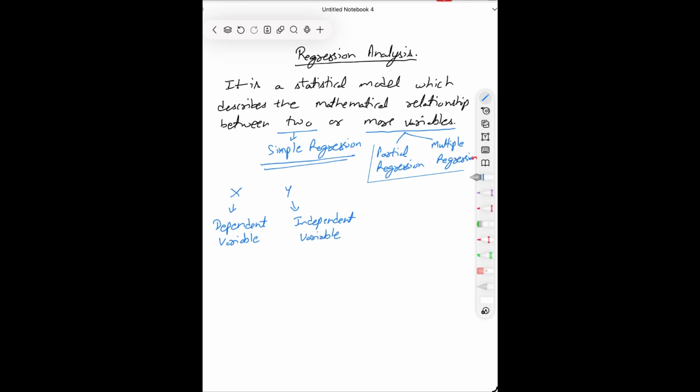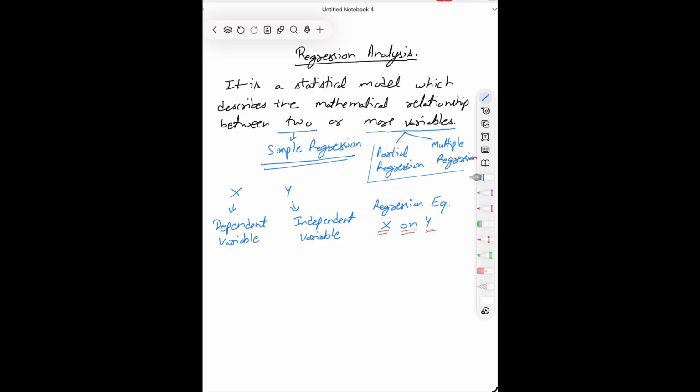So in this situation, we are trying to find out the regression equation of x on y. That is, x is dependent on variable y.